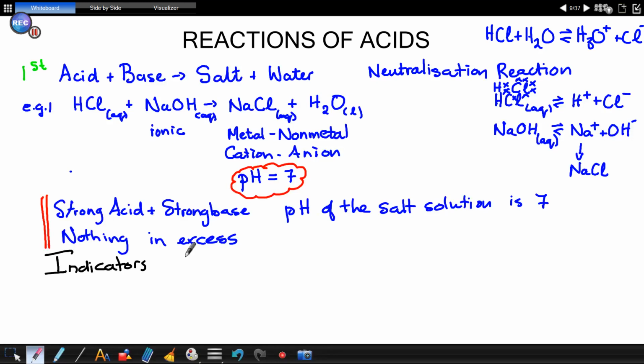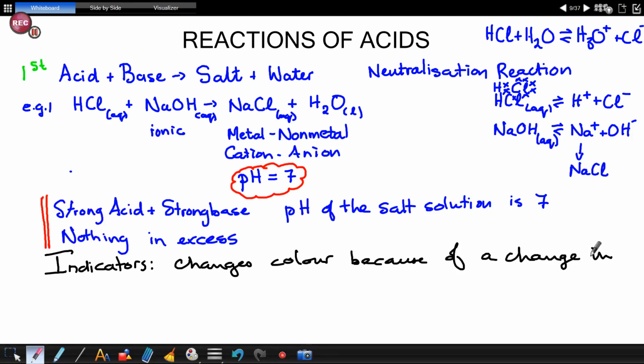Indicators change color because of a change in the concentration of hydrogen ions or the concentration of hydroxide ions in a solution.